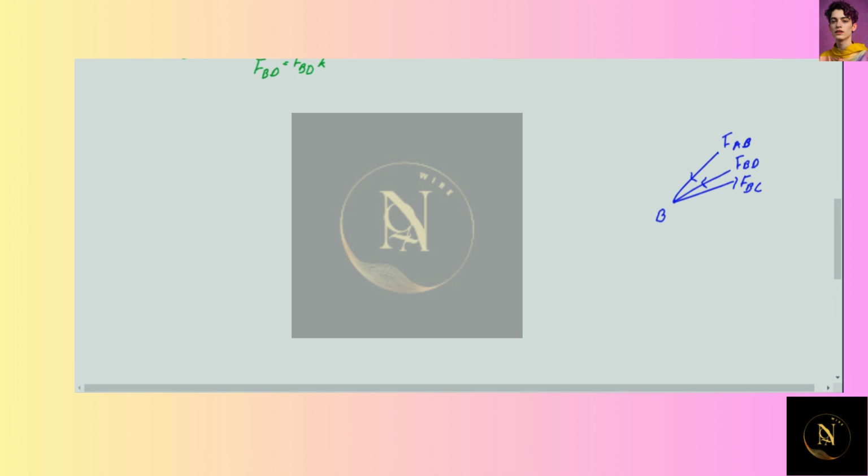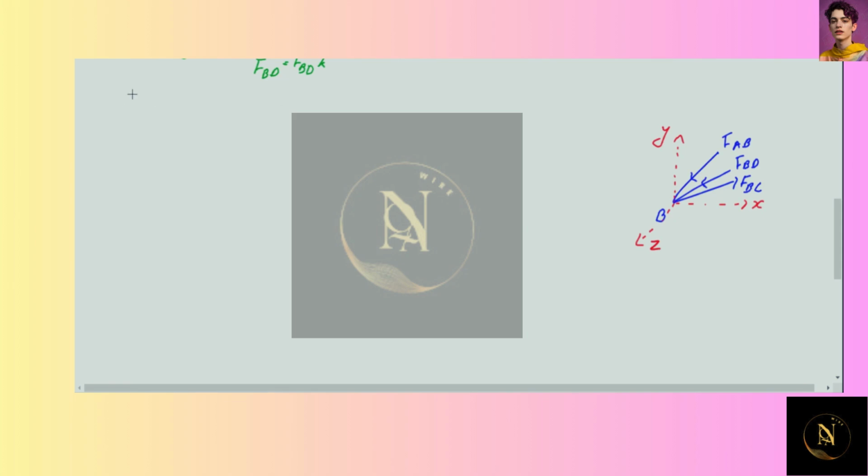Now let's draw the directions also using red. That will be good. This is the y-axis, this is the x-axis, so this will be the z-axis.